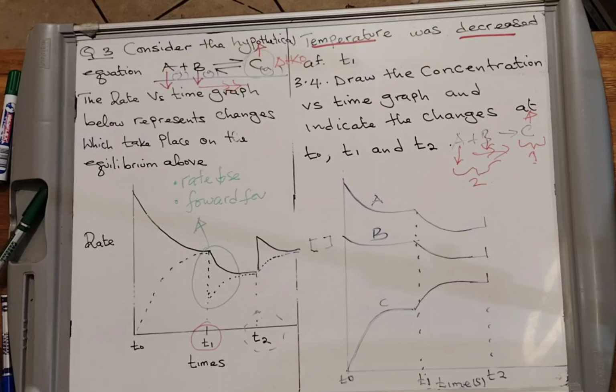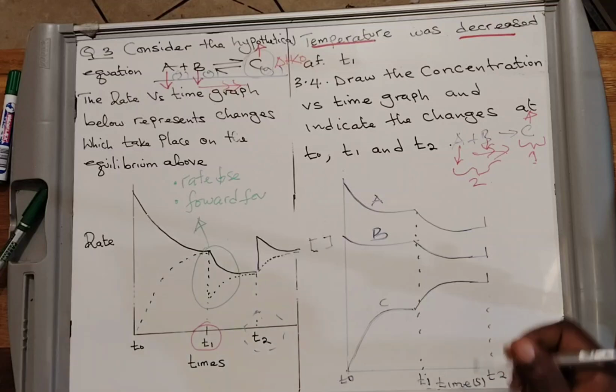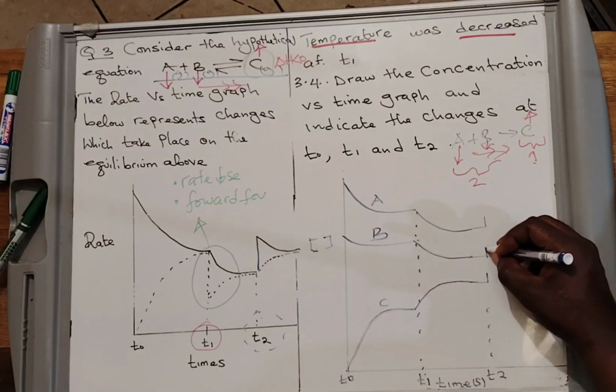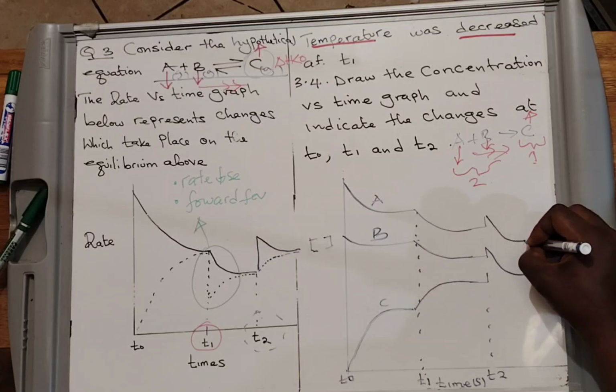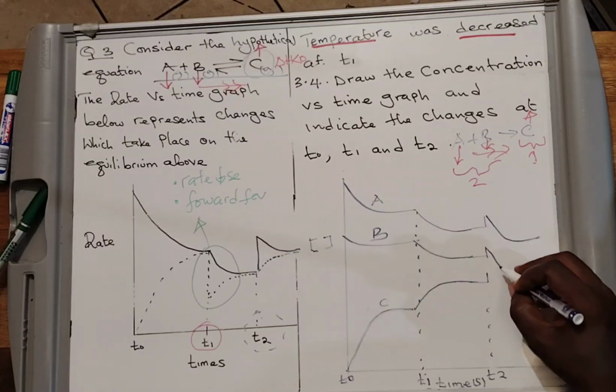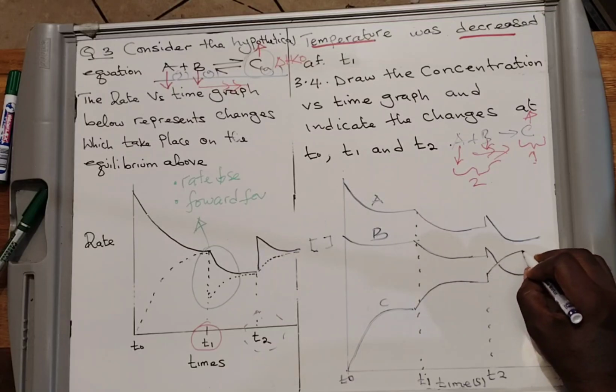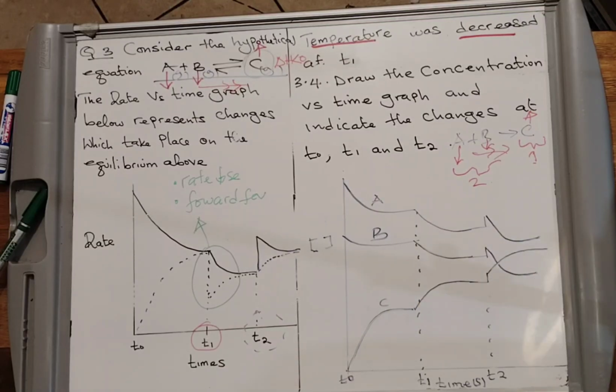And forward means what? I repeat. Forward means that A and B are decreasing. So they come down like this. And it means that C is increasing. We don't mind crossing there, provided we can trace its origin.